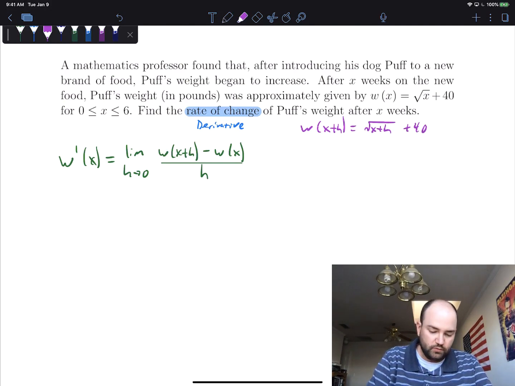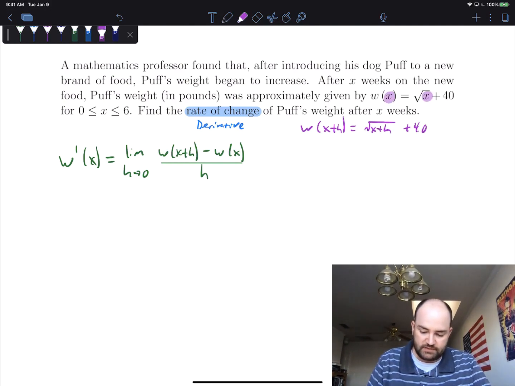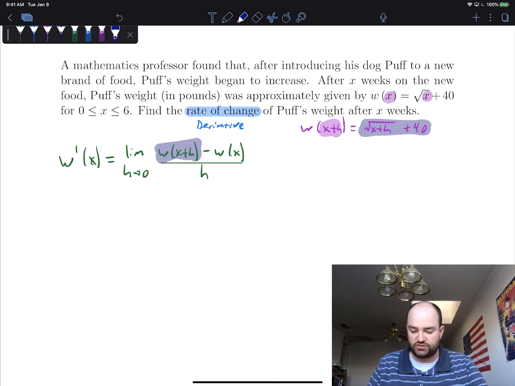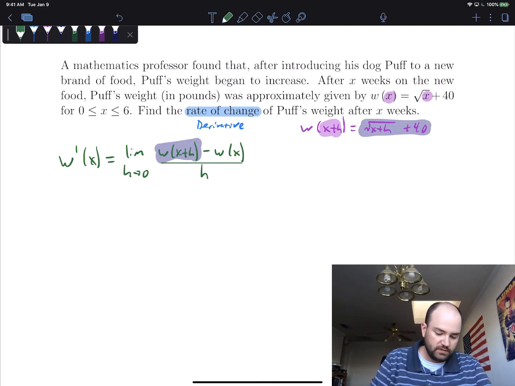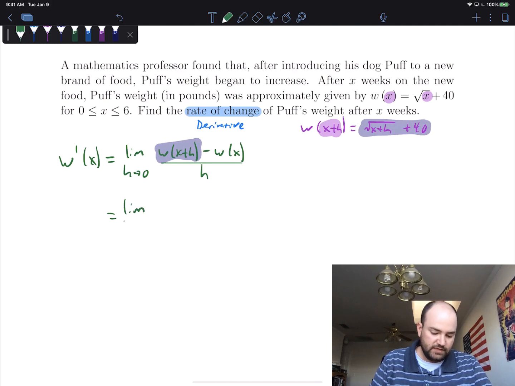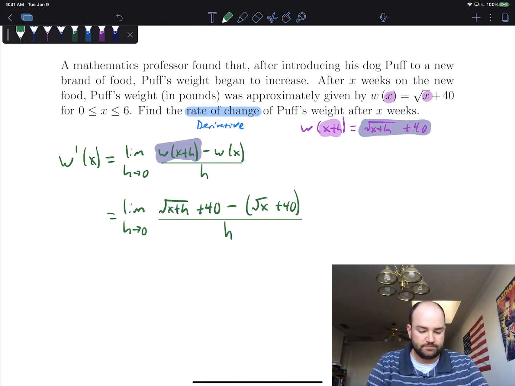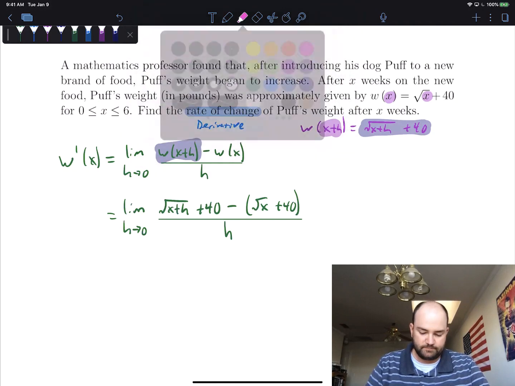In other words, going up here, that X becomes this entire X plus H. So we're going to replace this with W of X plus H. And this is going to give me the limit as H goes to 0 of the square root of X plus H plus 40, and then subtract off the original square root of X, and then plus 40, all over H.